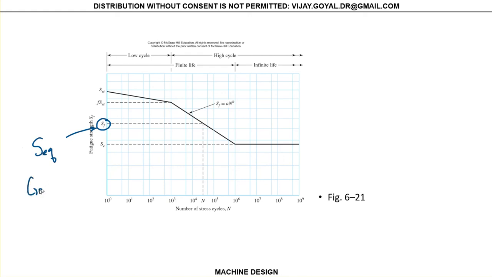This is Goodman theory. Okay, and then this is a log scale. So this is a plot log. Okay, so this curve is given by this equation.